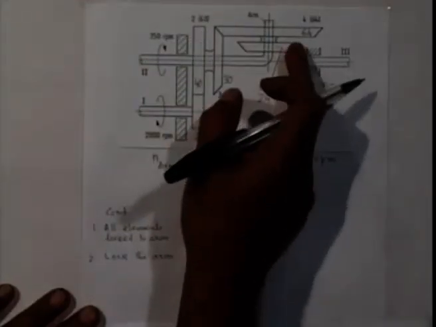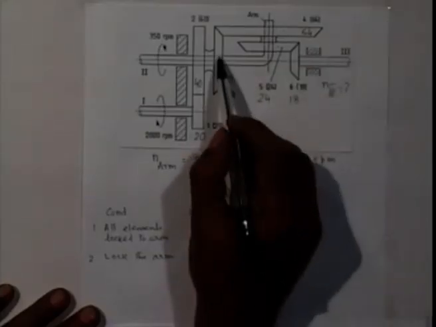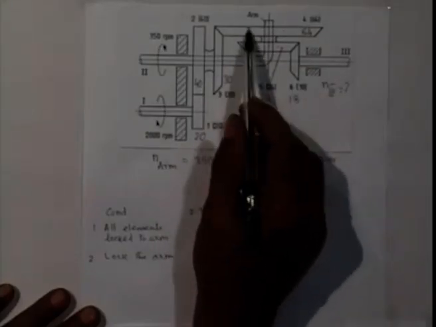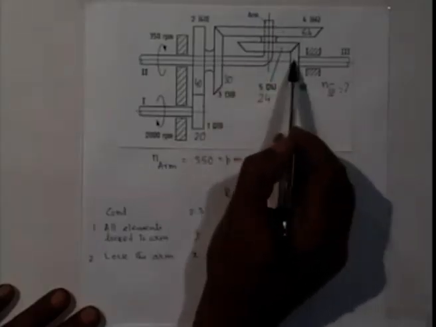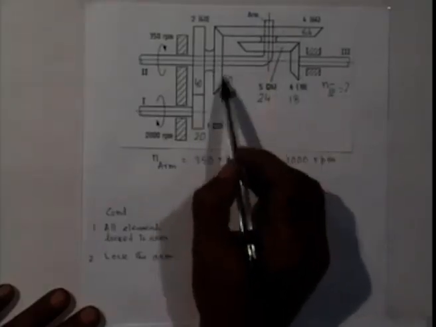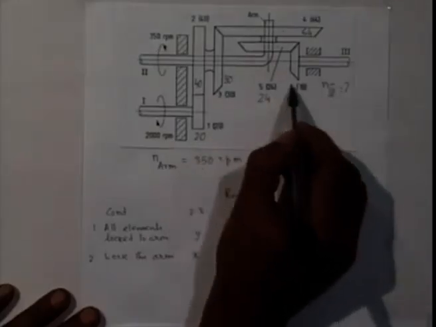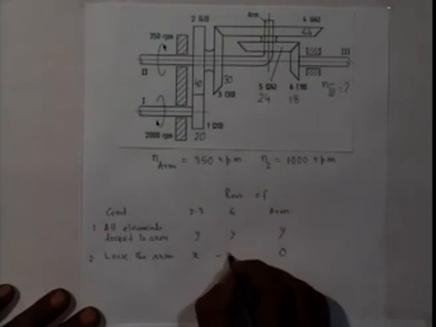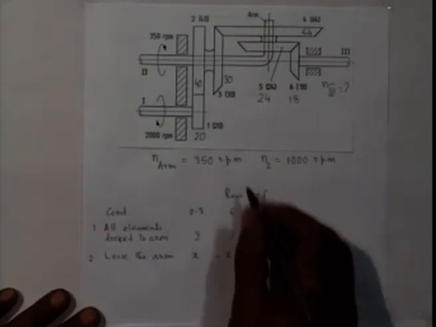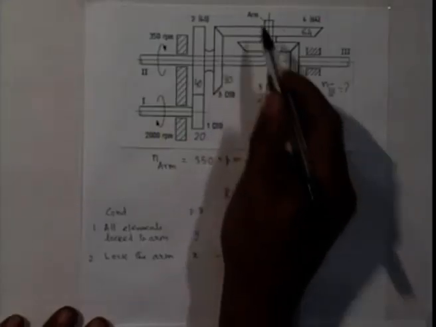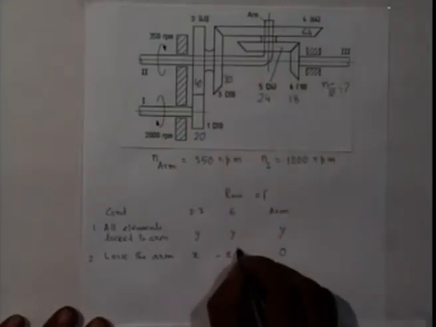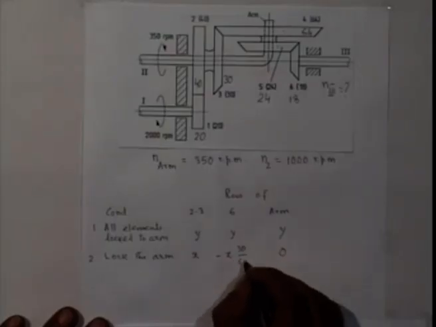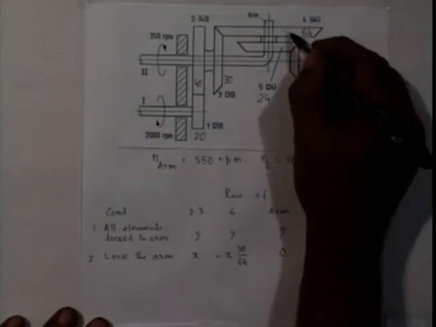So, this gear will rotate in opposite direction. These two gears, due to this bevel action, rotate in opposite direction, and their rotation is decided by the number of teeth on this and this, which is minus x into 30 by 64, and these two rotate in the same direction.